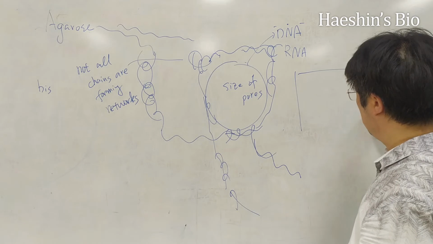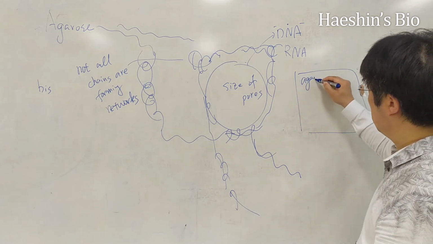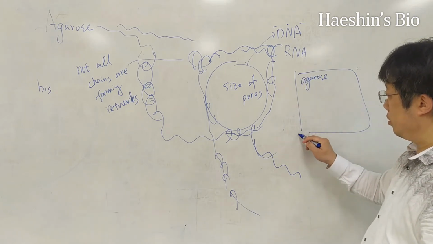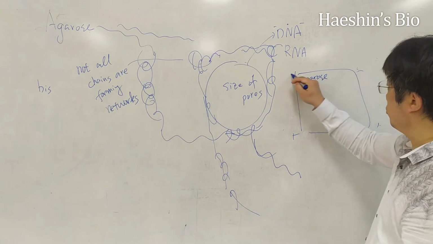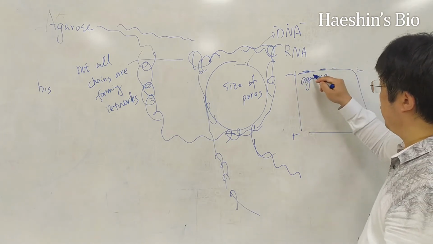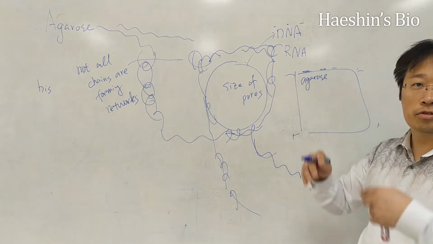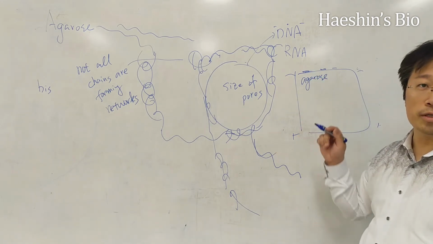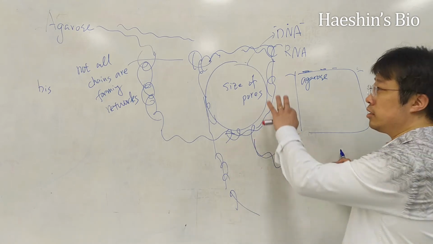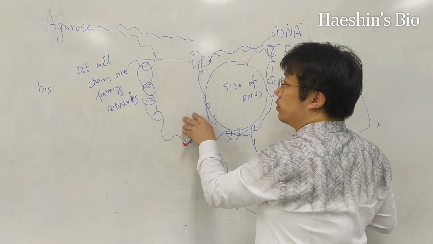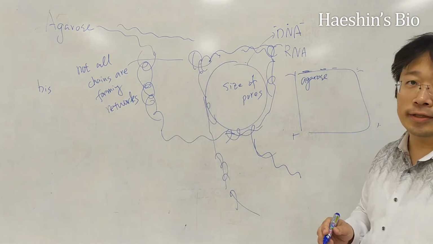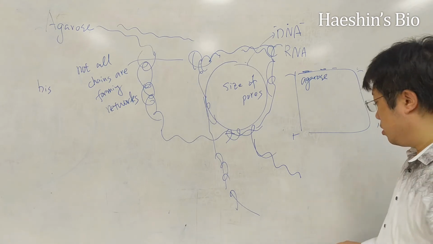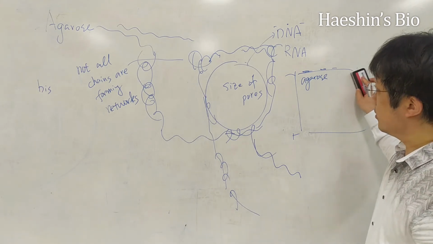With this agarose gel, you simply add DNA or RNA, allowing them to travel through by applying a voltage between these two ends. So the size of the pore in agarose is much larger than in the bisacrylamide case.